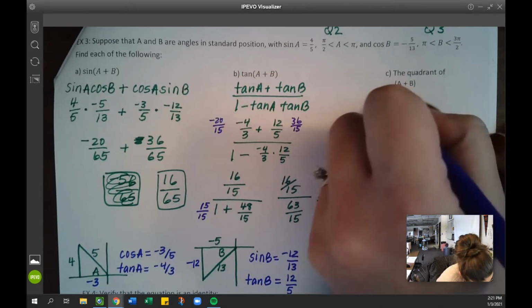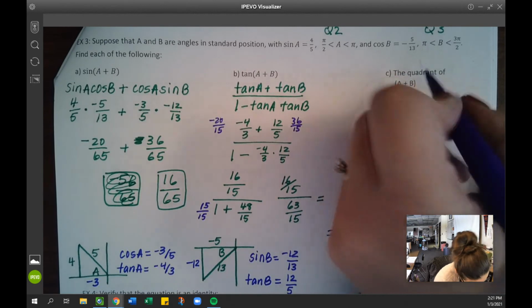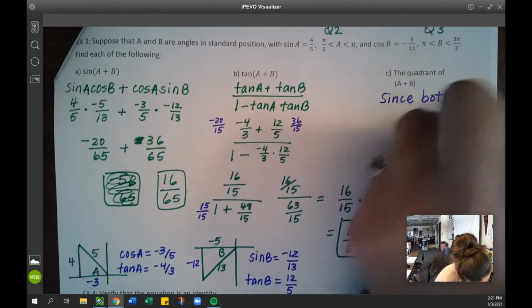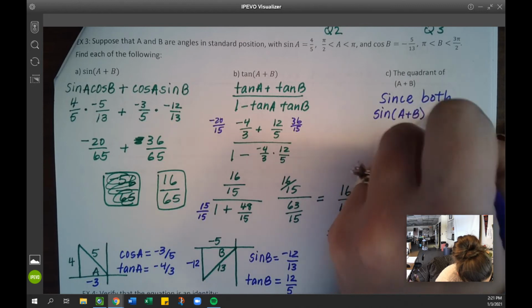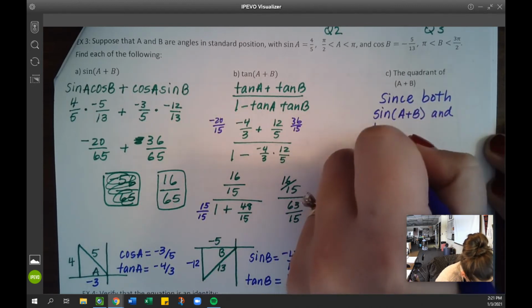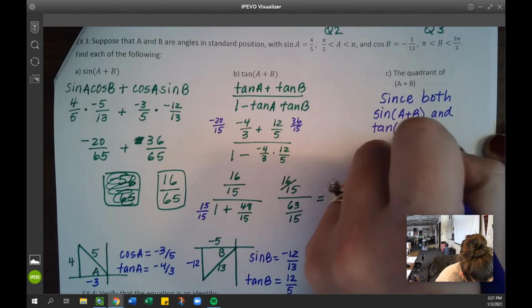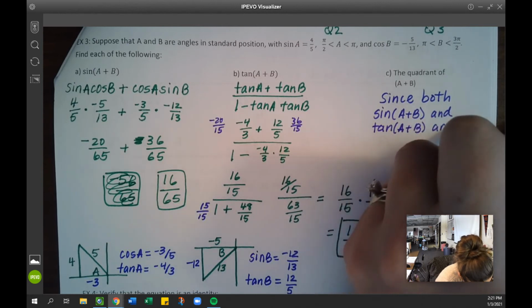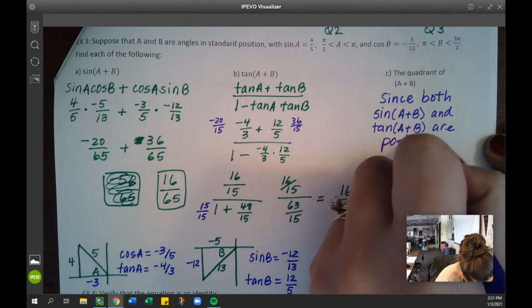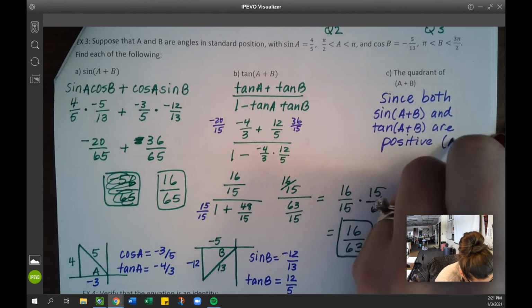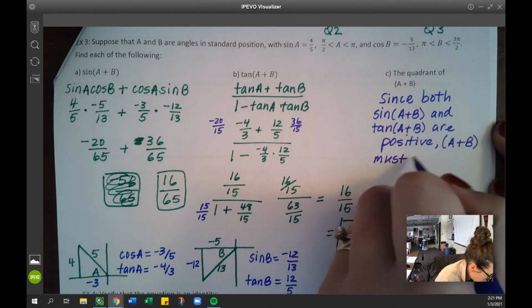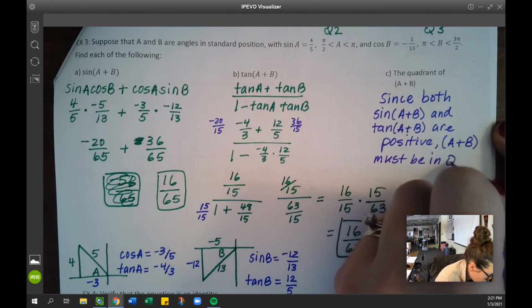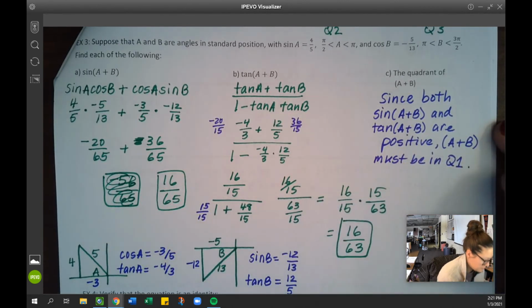So since both the sine of A plus B and the tangent are positive, A plus B must be in quadrant 1.